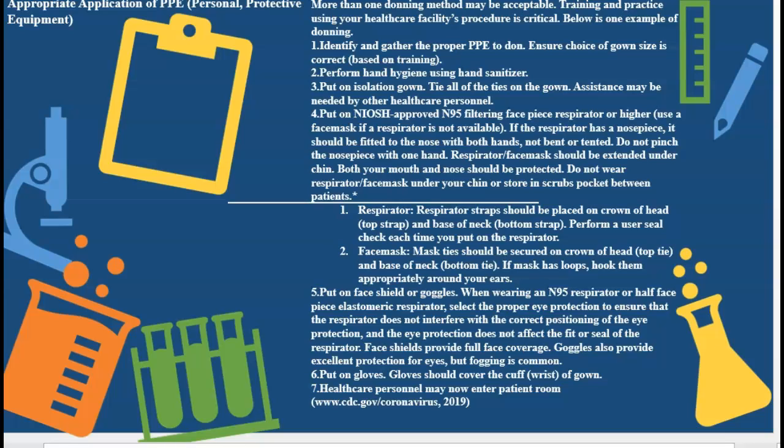At our facility it's listed, and we put a sign on each door if it's airborne, droplet, or contact, and underneath it shows each piece of equipment that you will need, so that anybody coming from a different department, such as the laboratory, will read on the door what all you need to have on to enter into this room.